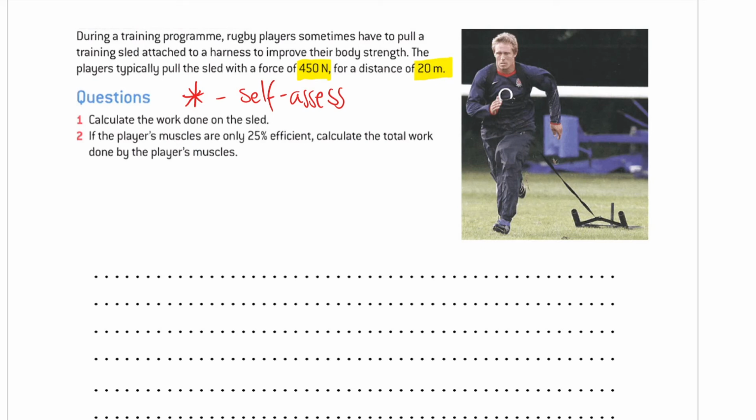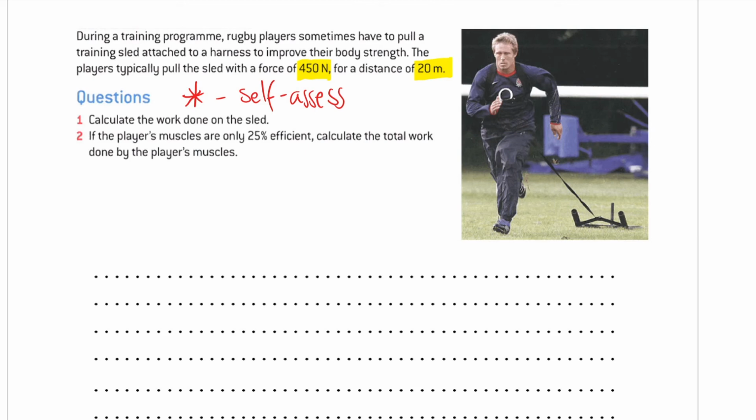This is a self-assessed question, so you need to pause the video in a moment. You answer the question, then you press play and compare your answer to the one I write down, and mark it with a red pen, tick it if it's right, and make any corrections in red if needed.